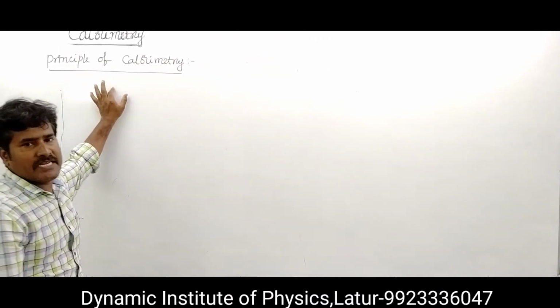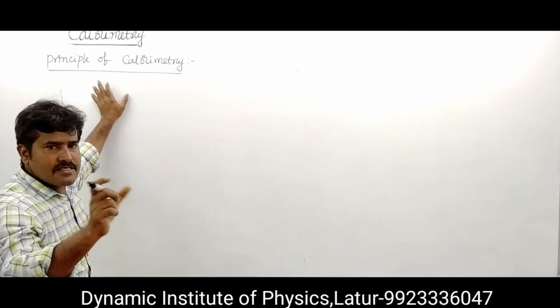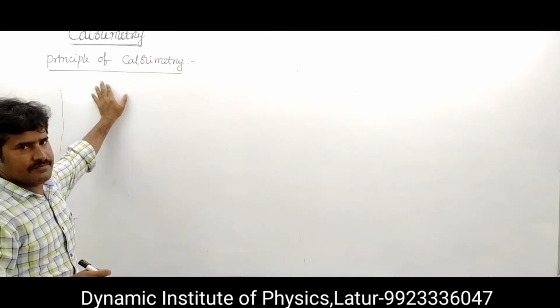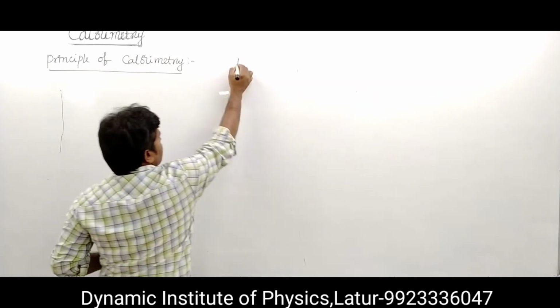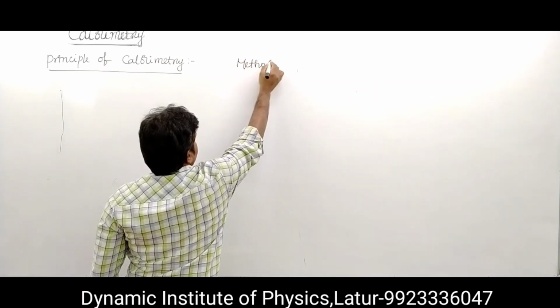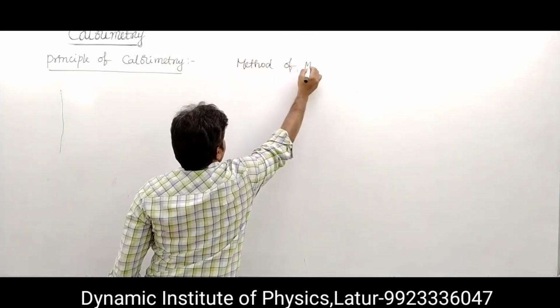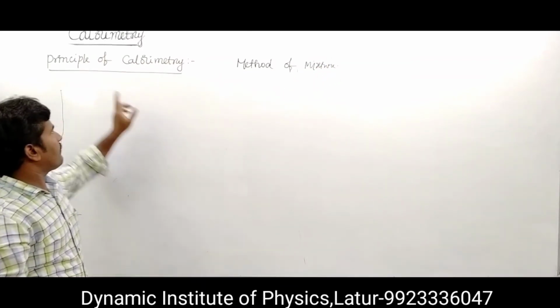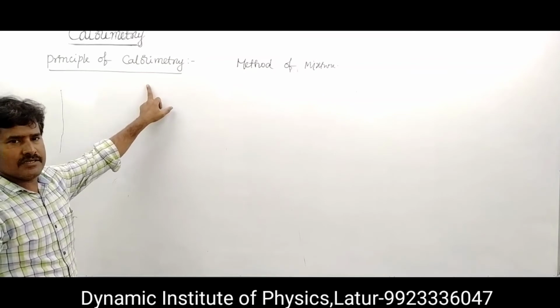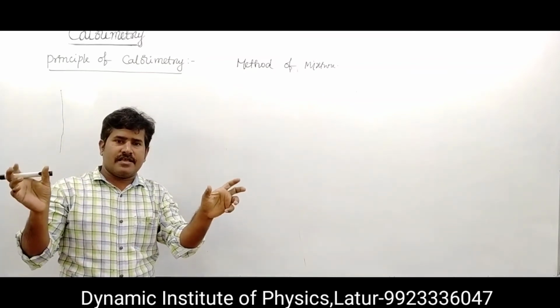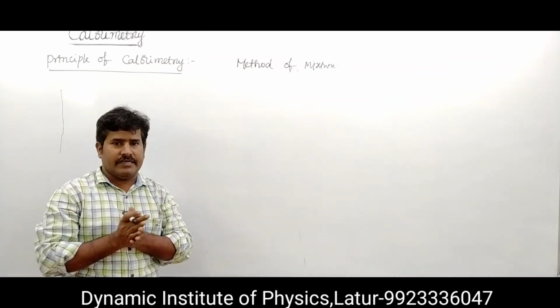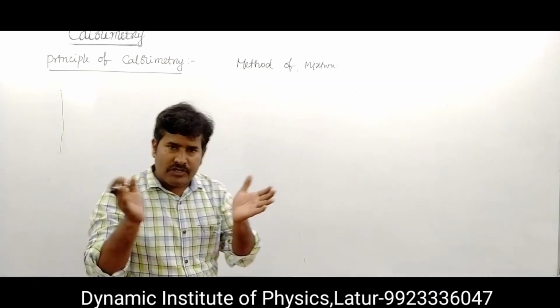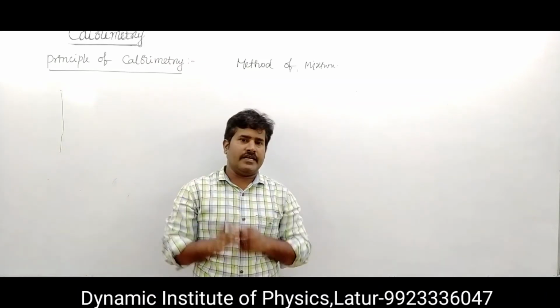This is the concept of the principle of calorimetry, called the method of mixtures. What is this principle of calorimetry? Two different masses, either solids or liquids, are joined.